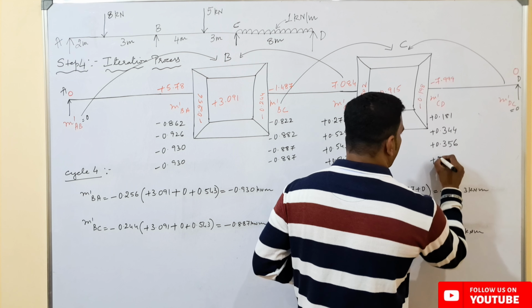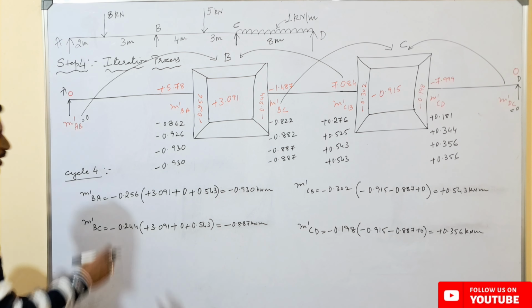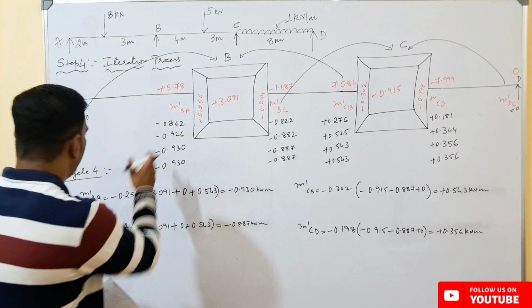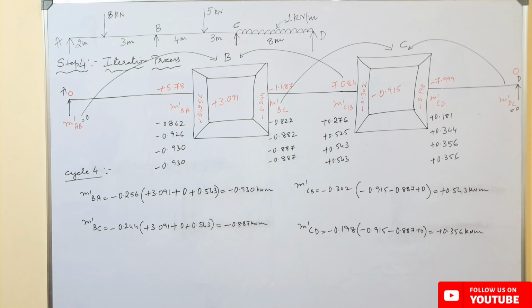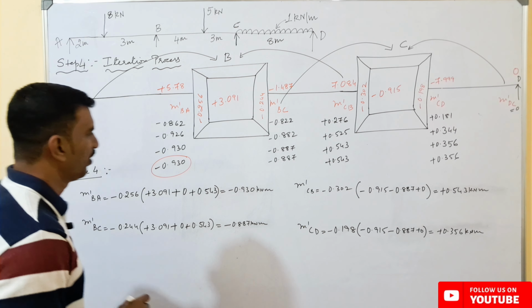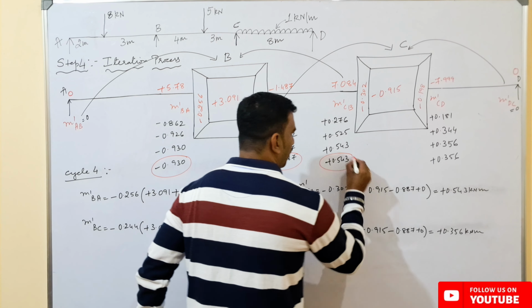So this value we have to write here, 0.356. Now if we observe over here, the values are similar in comparison with the third cycle. So here we can now stop the iteration process. See here about this point. So we can consider these values as the rotation contributions for each.